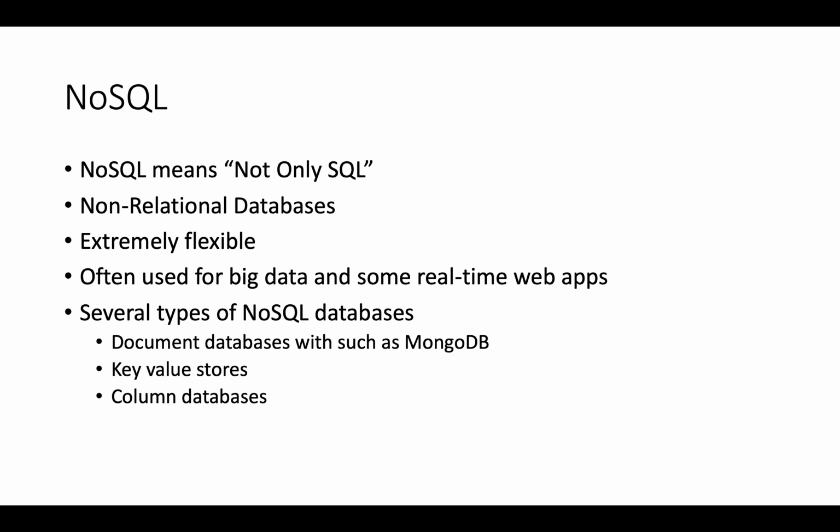MongoDB is a document database. There are other types, such as key value stores and column databases. MongoDB is said to be good at working with big data. What is big data? That's when the data volume and the number of queries occurring at the same time make conventional relational databases start breaking down.